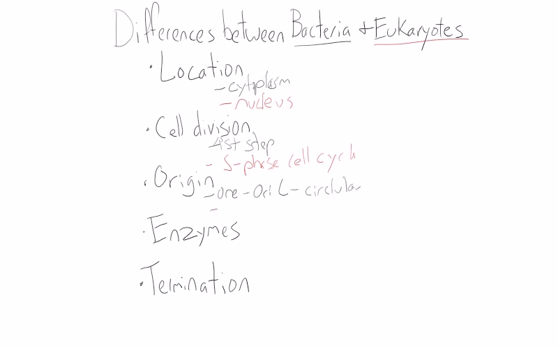For eukaryotes, it's a little different. There are multiple origins, a result of the long, complex, linear chromosome, which allows it to be read and synthesized at multiple places at once. Additionally, a similarity is that both are bidirectional.